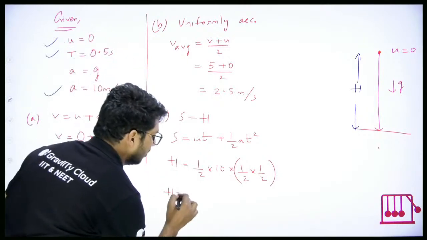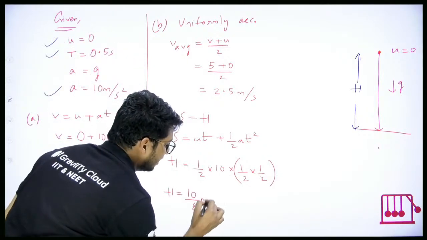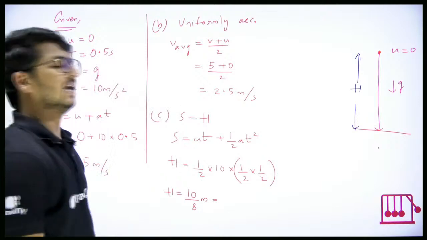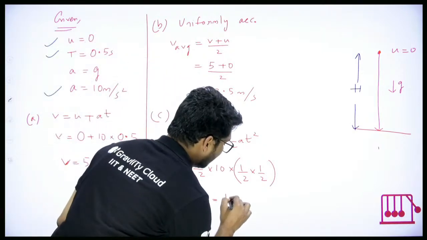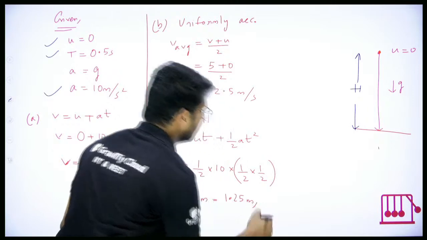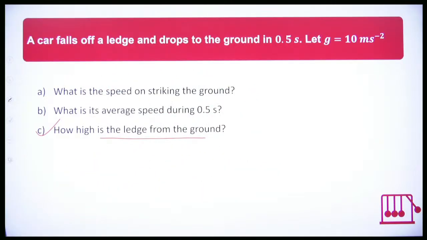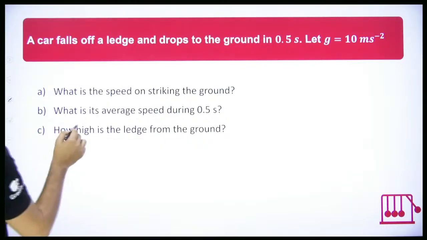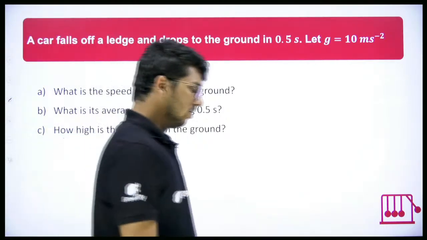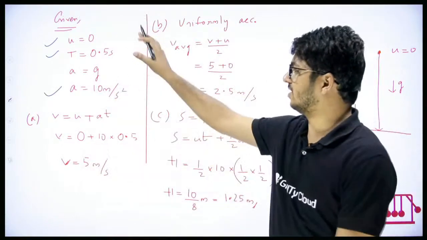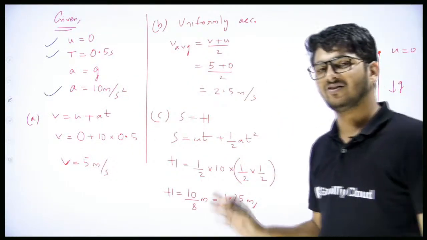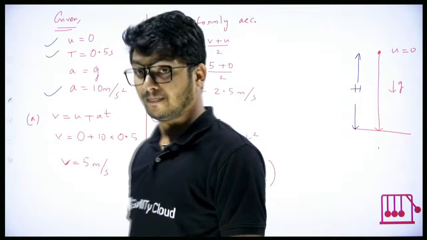So H is equal to 10 by 8 meters. 10 by 8 will be 5 by 4. That would be 1.25 meters. So there you have it. We got all these three. I told you, right? In motion, all that you have to know is the given information and which formula to use. You'll get the answer. Okay.